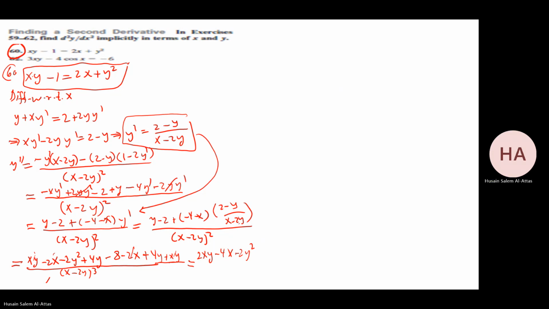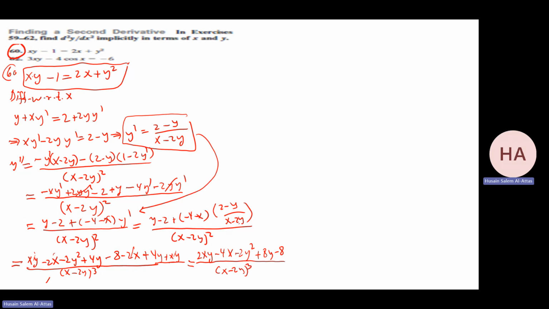Plus 8y minus 8, all over x minus 2y cubed.